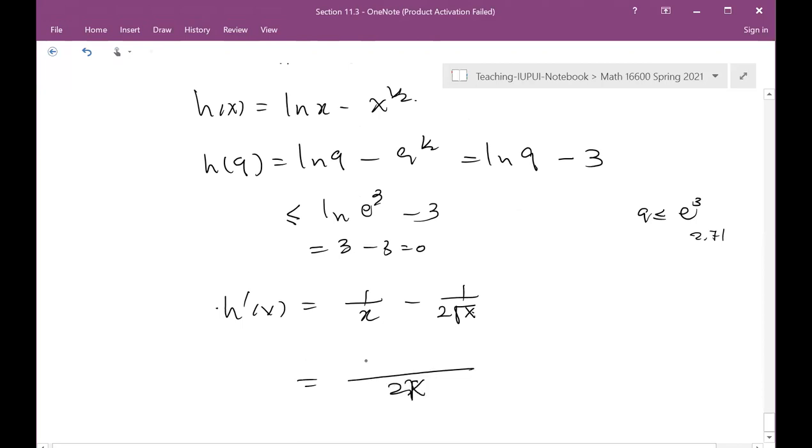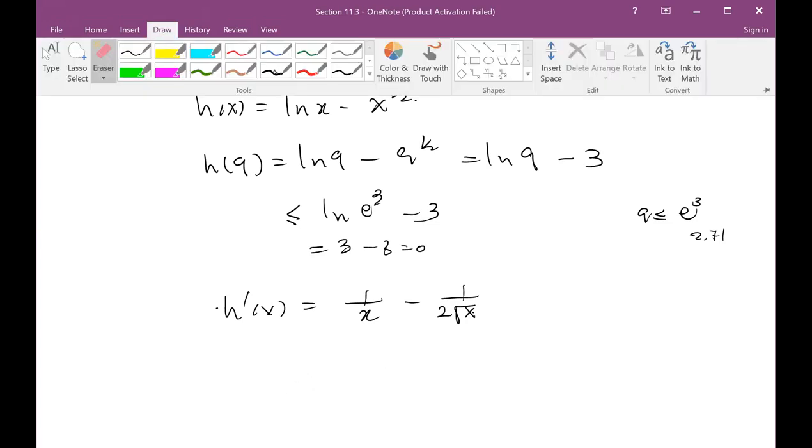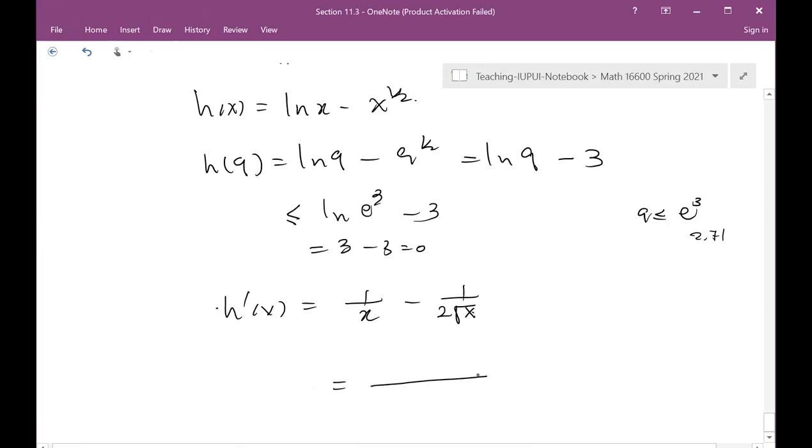It's square root of x minus 2 over 2x. Let's combine them, that'll be correct. Okay. So clearly this is going to be less than 0 if x is greater than or equal to 9.